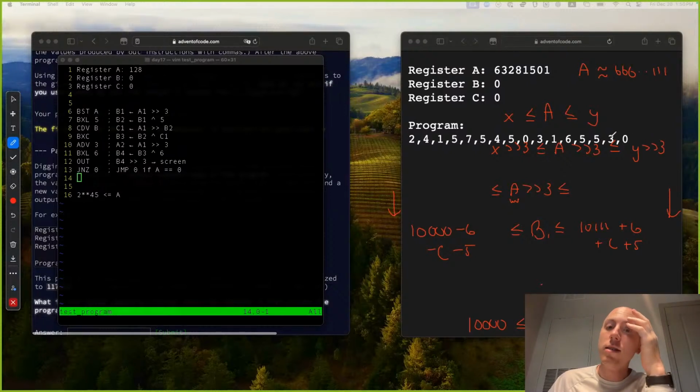That's a very simple, straightforward forward pass. But now we're going the opposite direction, recovering A, recovering X, and recovering Y.